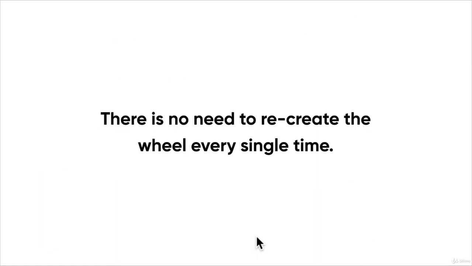Now, there is no need to recreate the wheel every single time. Although we could design our own solution to the problem, several useful solutions have already been designed in the past and they're proven to be effective. So there's no need for you to go out there and retry or redesign something over and over again to get a different result when there's no need to.